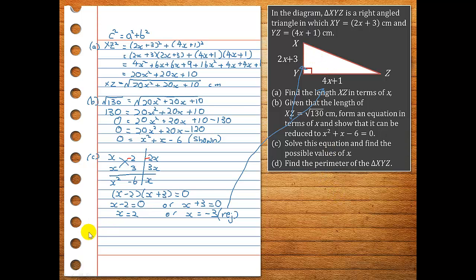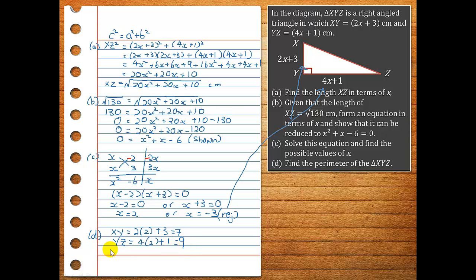Finally, part D, find the perimeter of the triangle XYZ. So we will have XY equals 2 multiplied by 2 plus 3 equals 7. YZ will be equal to 4 multiplied by 2 plus 1 equals 9.